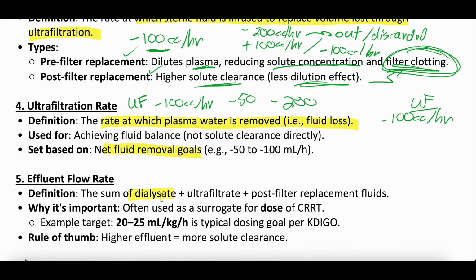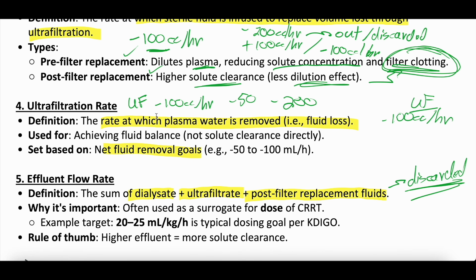So if we're in one of the modalities where we have dialysate, that's part of the effluent flow rate, because you're obviously just discarding the dialysate. The ultrafiltrate we talked about above. This is how much plasma water you're getting rid of from the body. And then the post-filter replacement fluids, all these things are effluent flow. All these things are being discarded from the body. They're not being put back into the body.